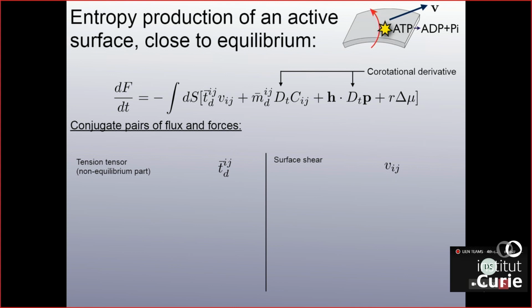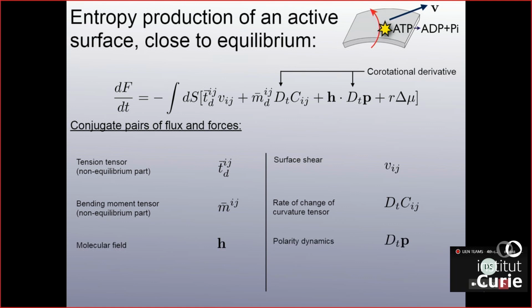Okay, and I can look at their conjugate pairs. There is the surface shear, which is conjugated to the tension tensor on the surface. This kind of coupling is the two-dimensional equivalent of the coupling for a three-dimensional fluid between the stress tensor and the gradient of flow. But I also have other pairs. The bending moment tensor is coupled to the rate of change of curvature tensor.